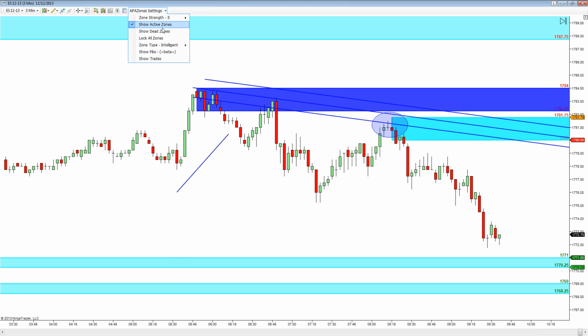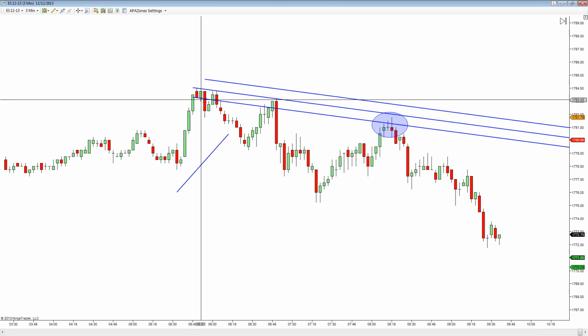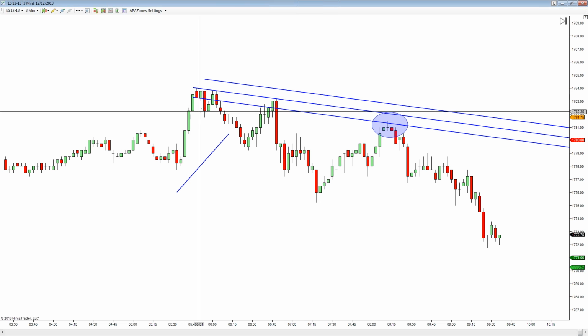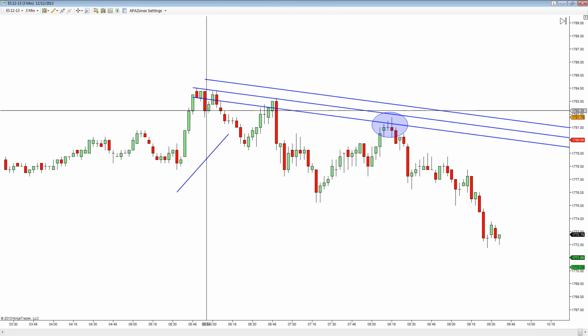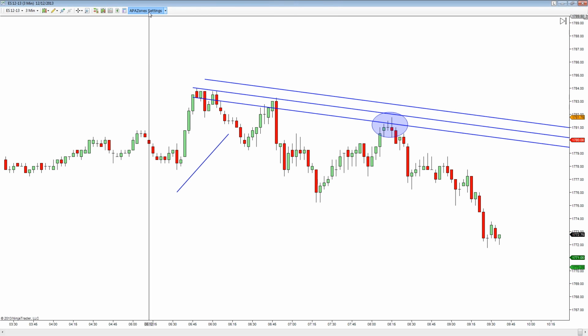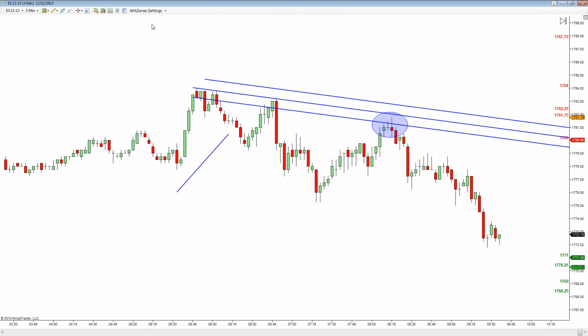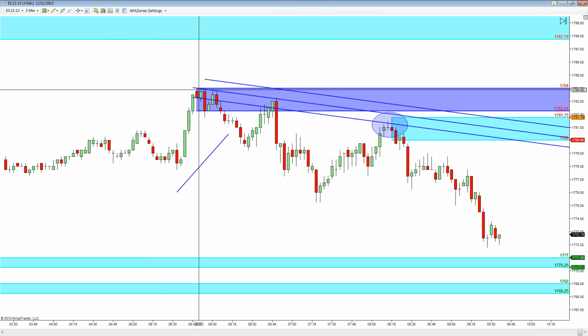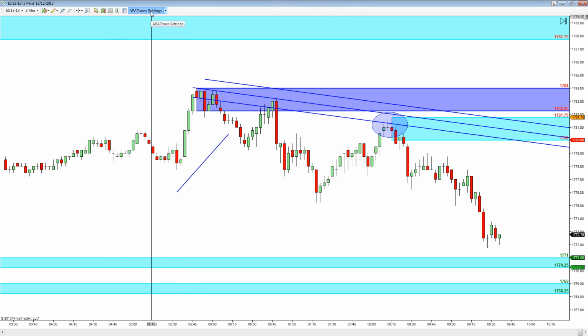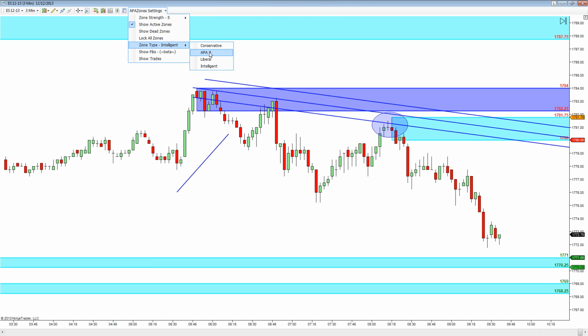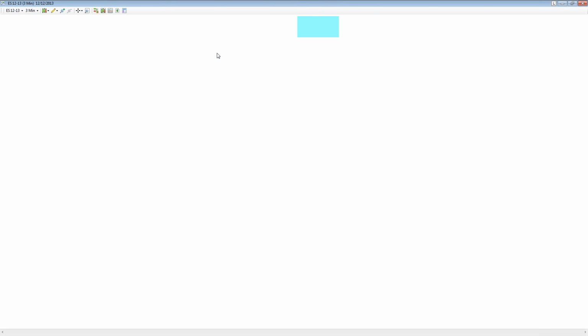If we turn them off, you'll see that we've changed the equation around just to give us a better idea of the consolidation of the zones. As we turn them back on, if we turn on the APA 3, you notice there's the old zone logic there.